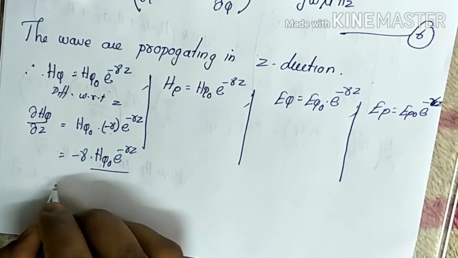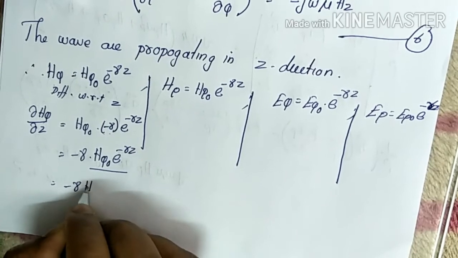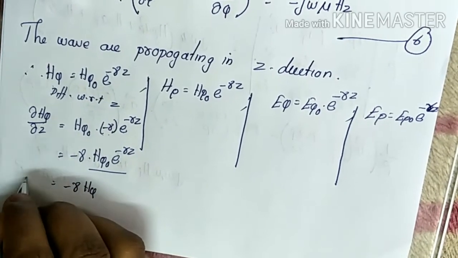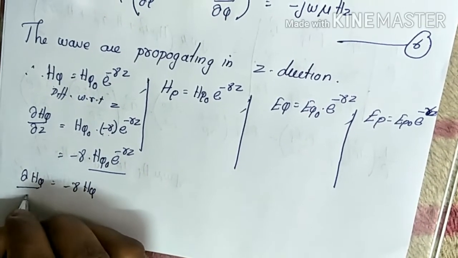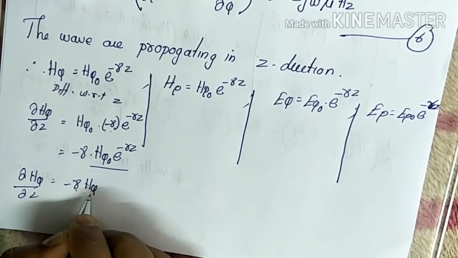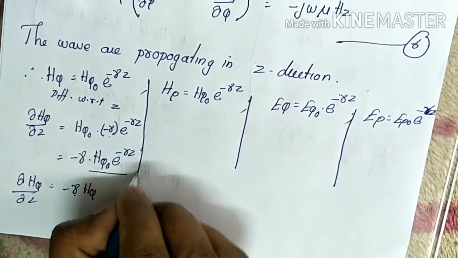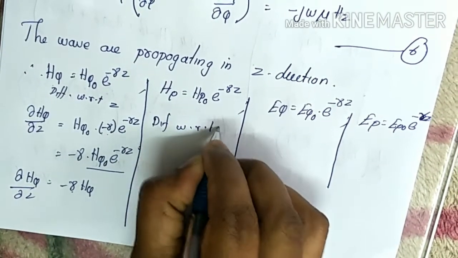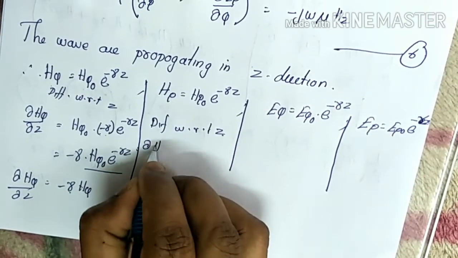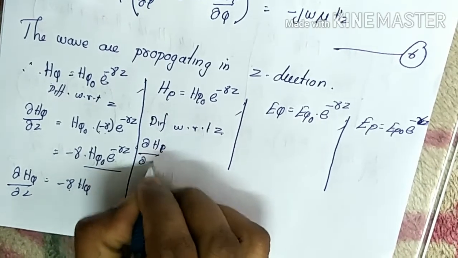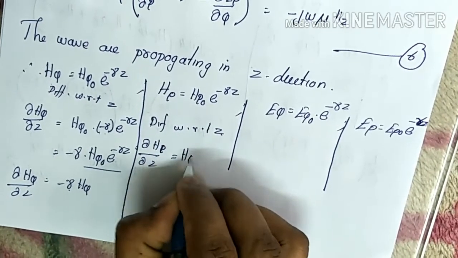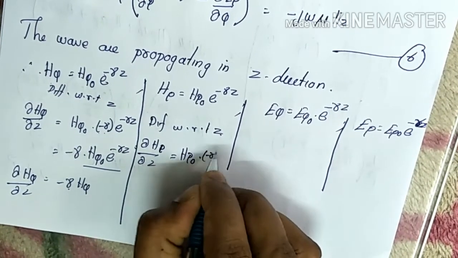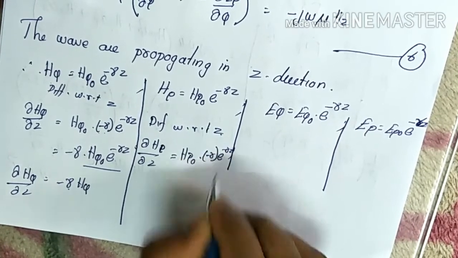This can be replaced by h phi. So dou h phi by dou z is equal to minus gamma into h phi. Similarly, if you differentiate this with respect to z, you will get dou h rho by dou z is equal to h rho naught into minus gamma e power minus gamma z.